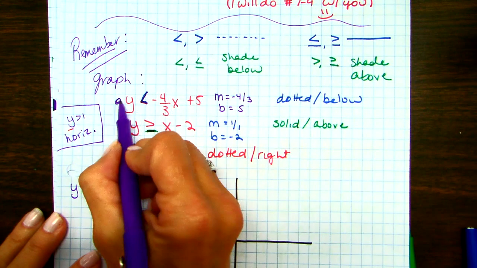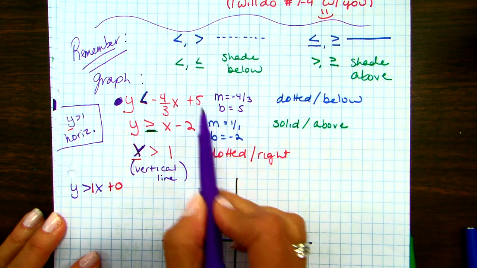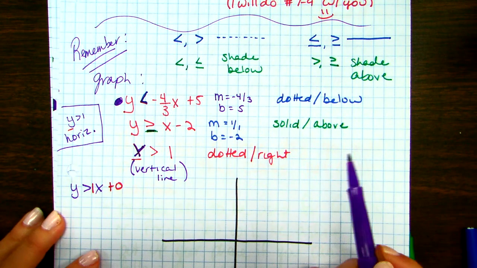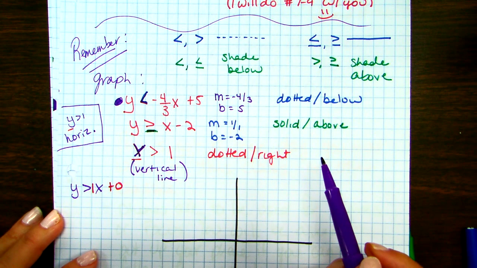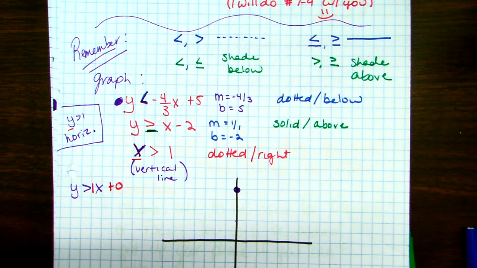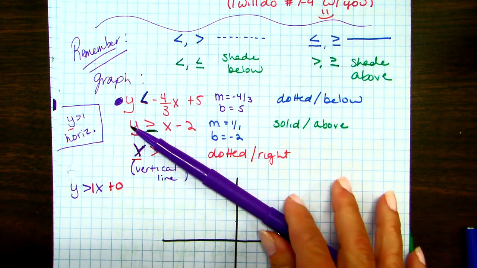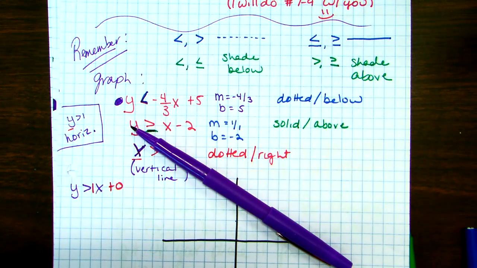All right, so let's start. I'm going to do this one in purple, okay? So remember, when you graph slope-intercept form, you always graph the B first. B is your y-intercept. So 1, 2, 3, 4, 5. The first point always goes on the y-axis, not the x-axis, okay? And then we have a negative slope. Remember, when you have a negative slope, your line falls left to right.